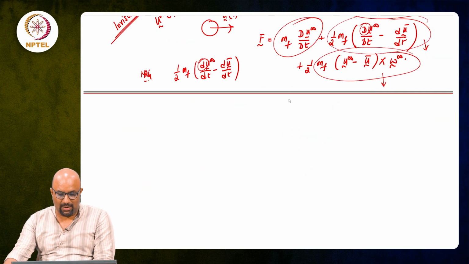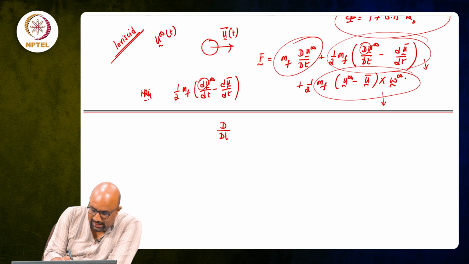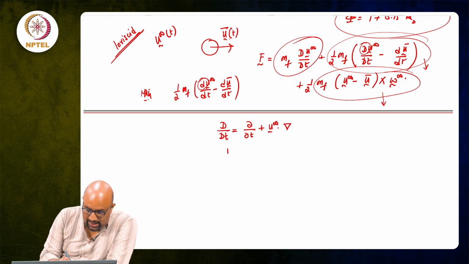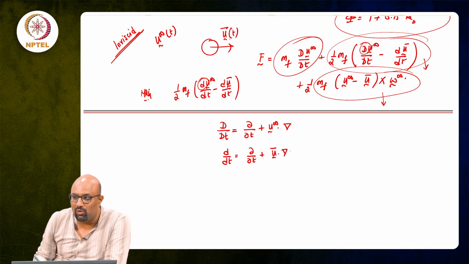What I mean by capital D and small d is that capital D dt is a material derivative which is obtained by following a fluid particle, whereas small d dt is a rate of change, or a material derivative, which is obtained while moving along with this finite size particle, or the particle which is not a tracer particle.